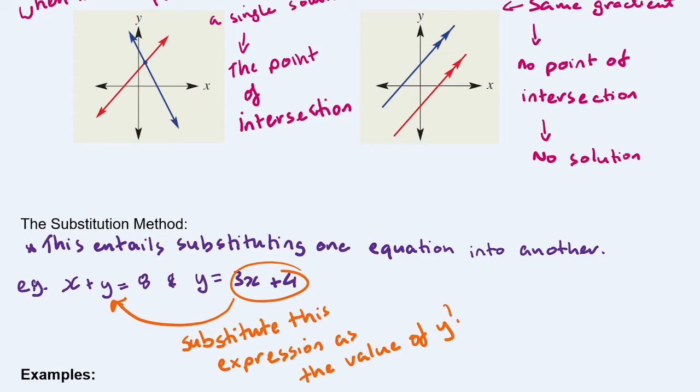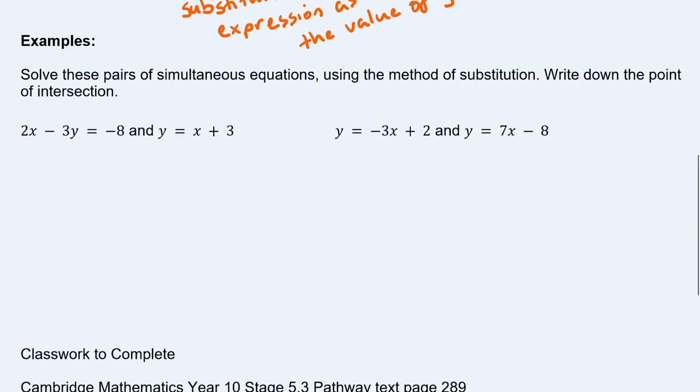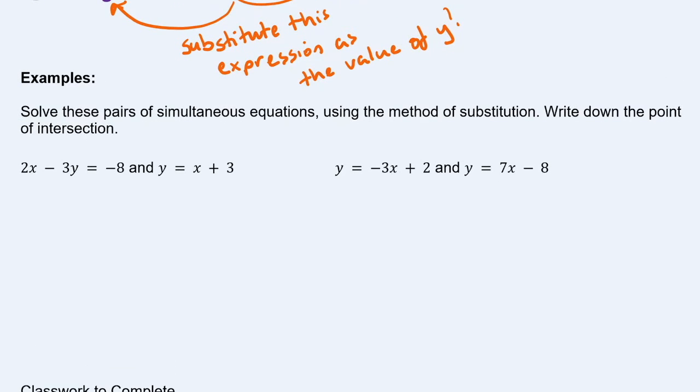Let's have a look at a couple of examples of this method. Let's see it in action. Here's a pair of equations. We have 2x minus 3y equals minus 8, and y equals x plus 3. I'm going to substitute that in for y, because I know that's the value of y.